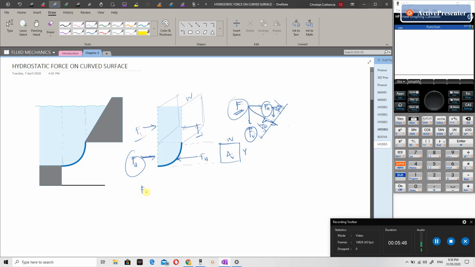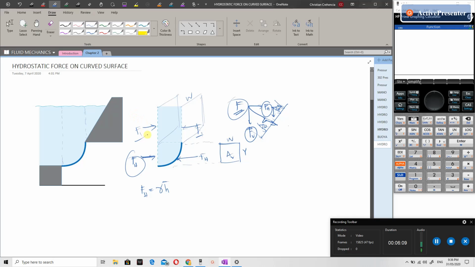So the horizontal component of the hydrostatic force, as we discussed in the previous video, is equal to the pressure at the centroid, which is the unit weight of the liquid times our h bar.